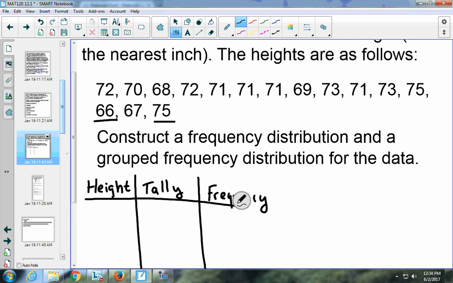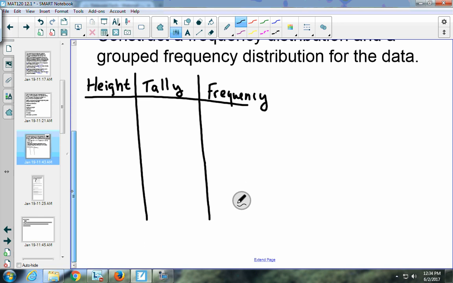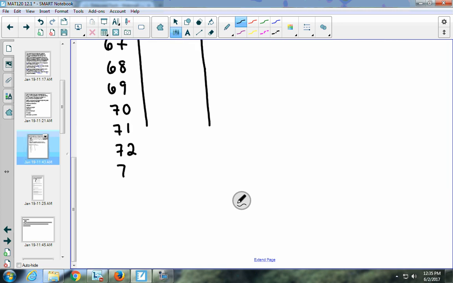What I'm going to do in my height column is start at 66 and just go up: 66, 67, 68, 69, all the way up to 75, that highest height. I'm going to extend my lines for the table.